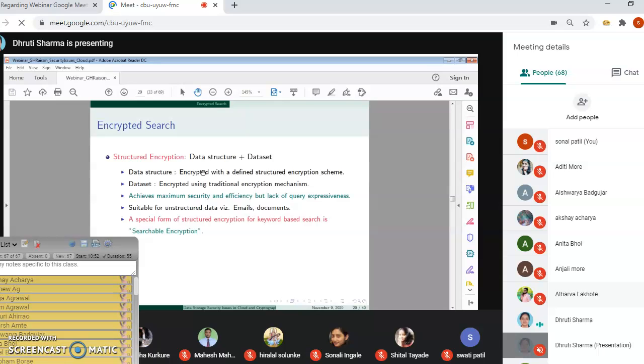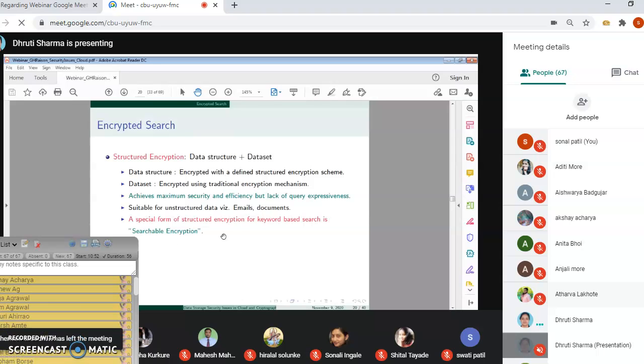Because in today's scenario, we will have our data in terms of images, documents, emails, etc. So it is one of the most important kinds of data processing capability over encrypted data stored over cloud infrastructure.